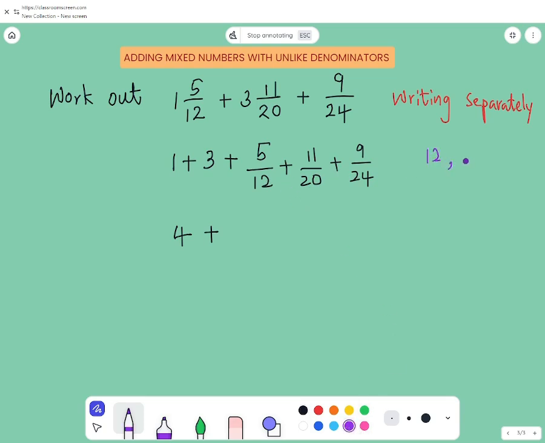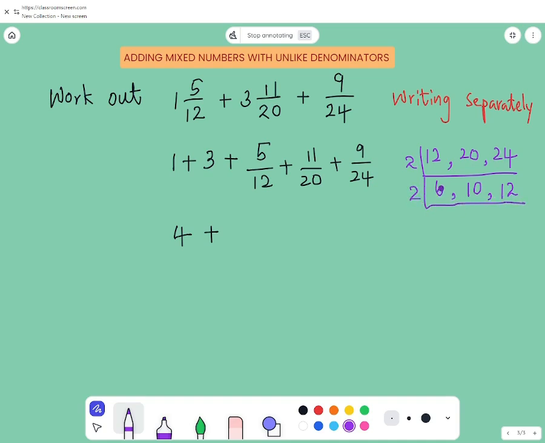12, 20, 24. Divide by 2. 12 divided by 2, that is 6. 20 divided by 2, that is 10. 24 divided by 2, that is 12.